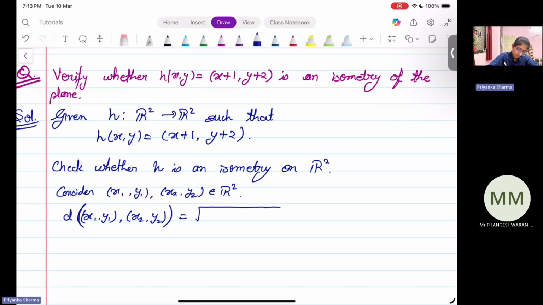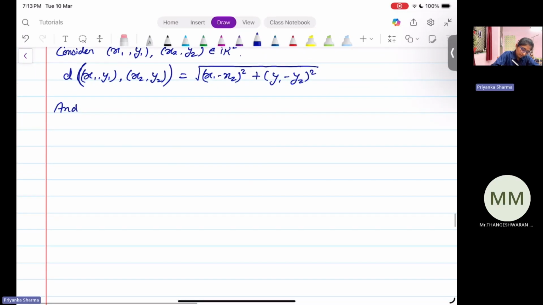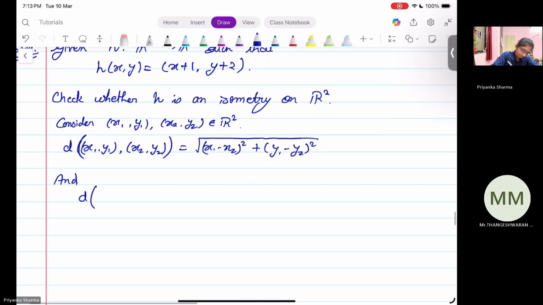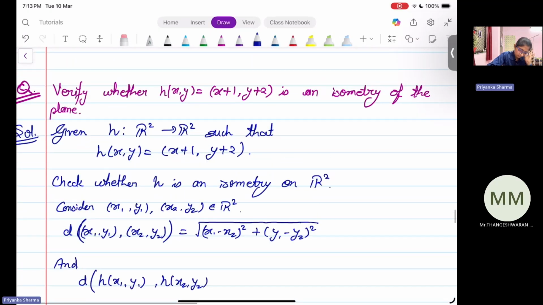Square root of (x1 minus x2) whole square plus (y1 minus y2) whole square. And what will be the distance between H(x1, y1) and H(x2, y2)?